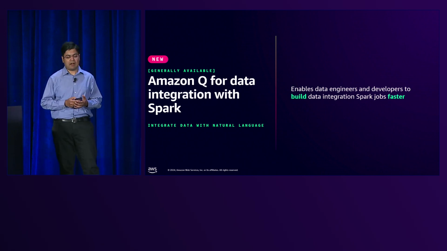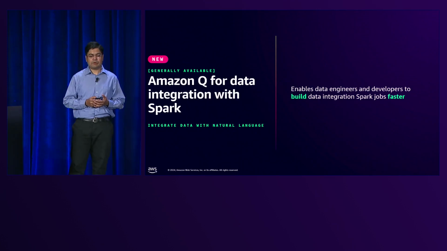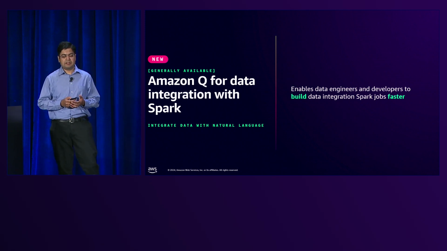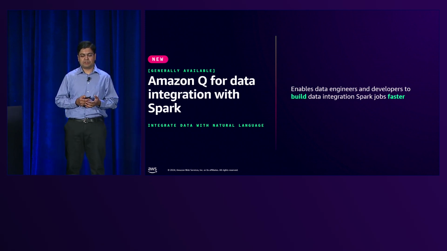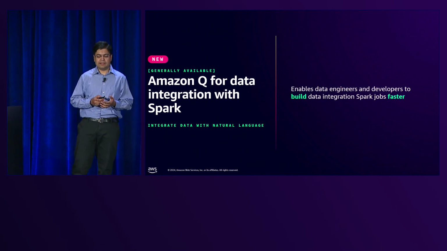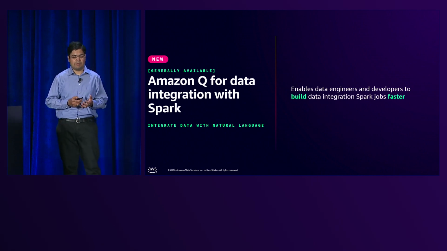However, we still found that customers wanted to express their intents even more in a simpler fashion. For example, if the user has to author a data integration pipeline, they don't have to deal with PySpark code or Visual DAG. What if they can express their intent using a simple idea in their mind, and the system or the GenAI capability implements the DAG as well as the PySpark code for them?